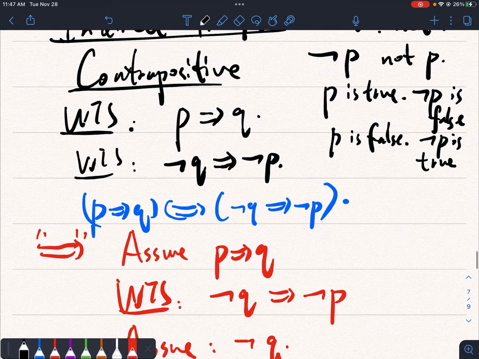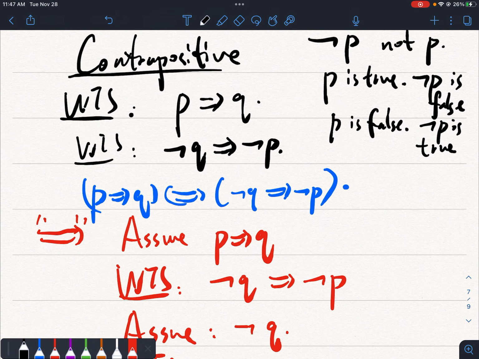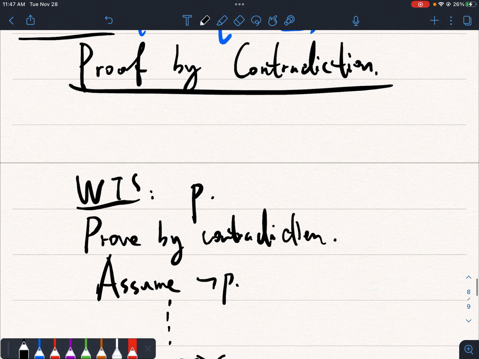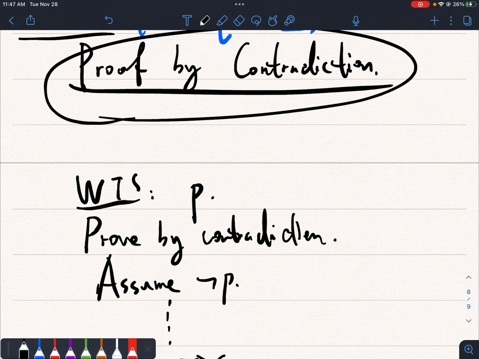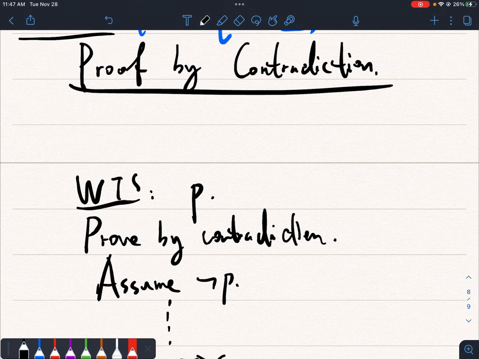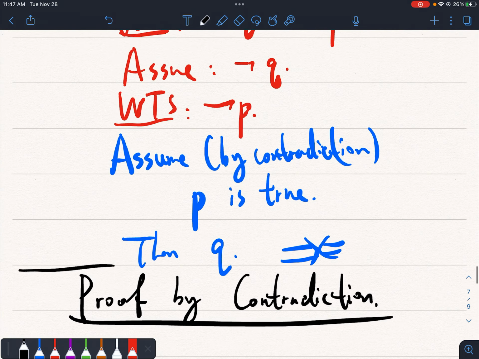And what we have shown here is that actually every contrapositive statement can be proved by contradiction, which means this is a better method than the proof by contrapositive. And you can see that if you want to show proof by contrapositive, it has to be in the form of P implies Q, right?